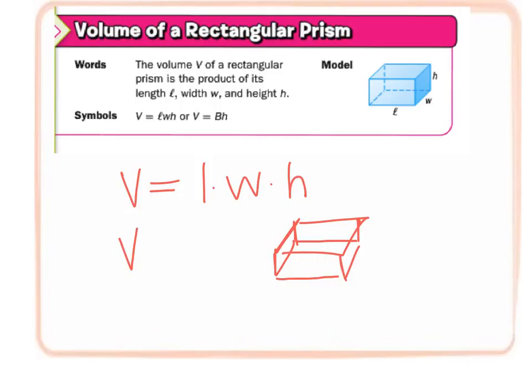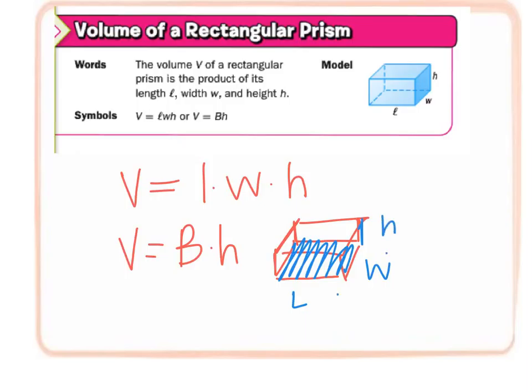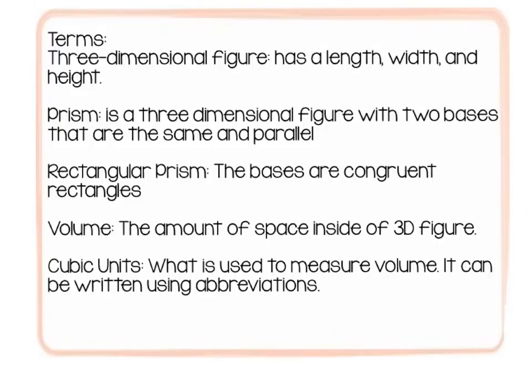Or they write it as volume equals the area of the base times the height. So this whole thing, which technically is length times width, you take it times the height. So just keep in mind length times width times height, but it's also the same thing as taking the area of this base times the height to fill the whole thing. So there are 2 different things you can do there.